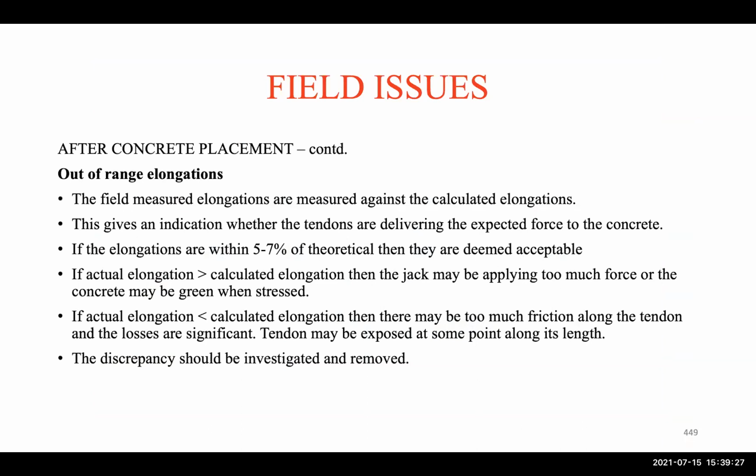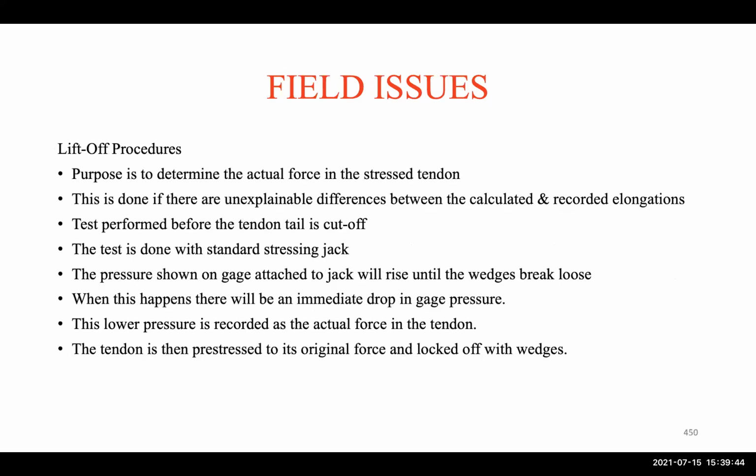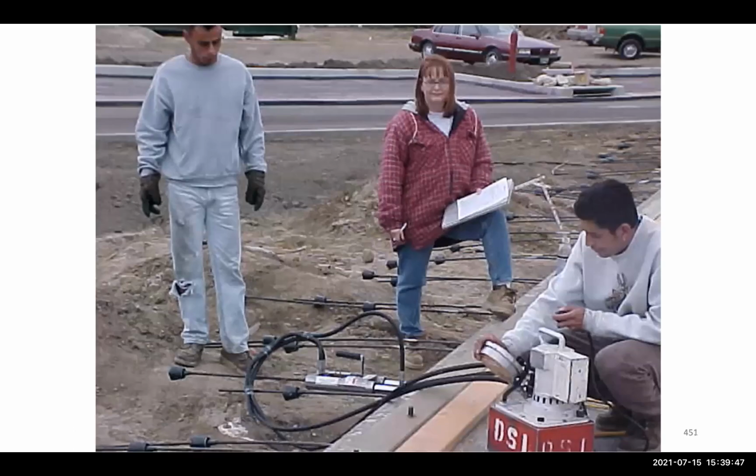And then out of range elongation. So when we apply the pre-stressing, we have to, of course, look at the elongation record. So we apply force, and the tendons will elongate. That is measured actually. We have a range for that, which should be specified on the drawings.